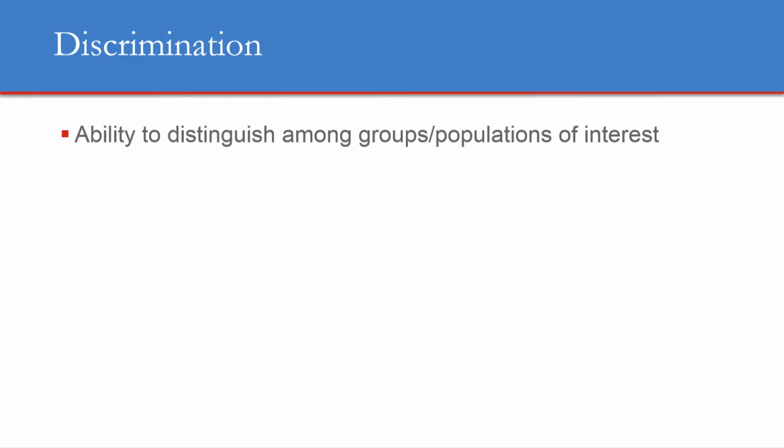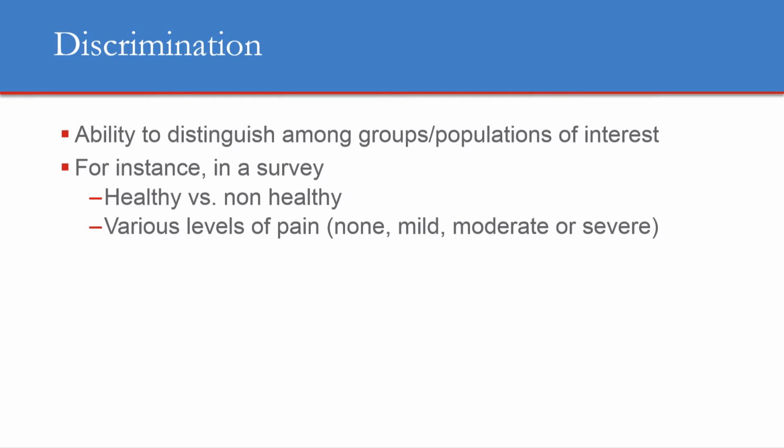This is the ability of an outcome measure to distinguish between groups or populations of interest. For example, in a health survey, the ability to distinguish between healthy and non-healthy or various levels of pain, none, mild, moderate, or severe.